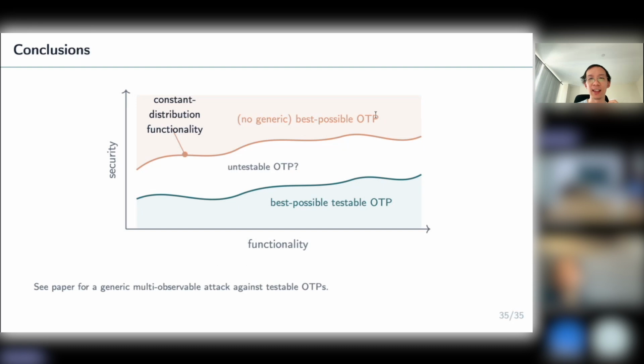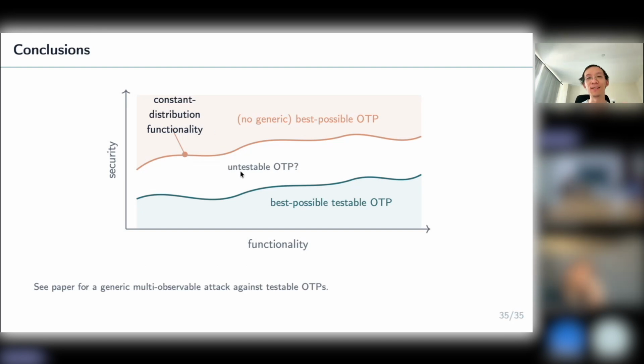On the other hand, we also identified this notion of best possible one-time program, which is the unrestricted notion. And we show that you cannot achieve this, at least not generically, for every functionality. There is this counterexample called constant distribution functionality, which you can achieve not generically, but if you know the functionality is a constant distribution.